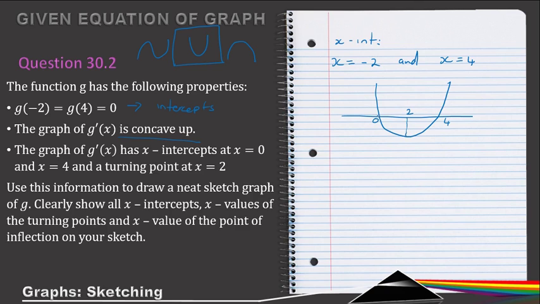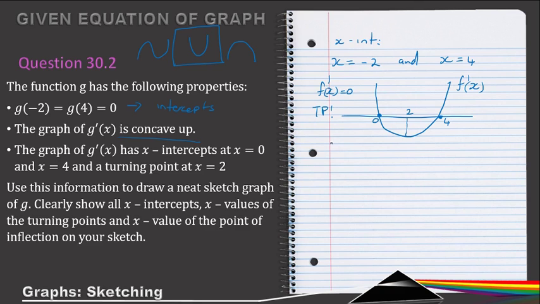Now, what do these points tell us? Remember this is now our graph of the first derivative, right? And if we put our first derivative equal to 0 and solve, that is these intercepts that we're actually solving for. And the first derivative tells us where our turning points are. So this then for our original graph will be our turning points.